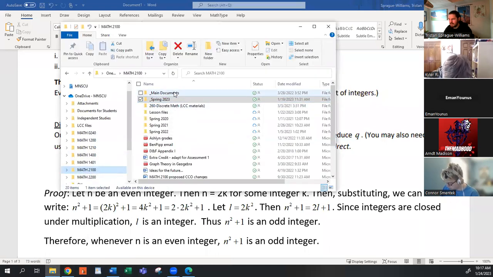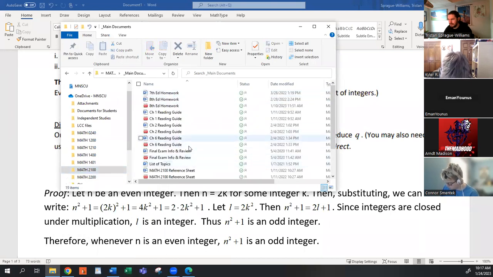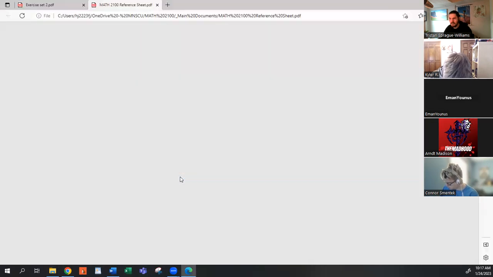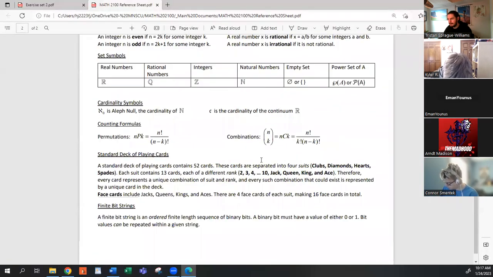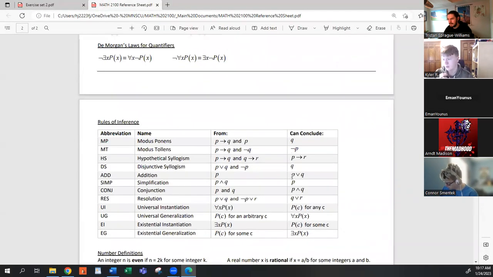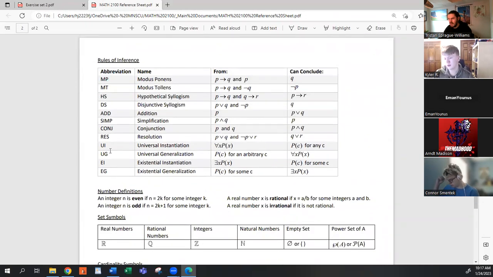Hang on, let me just pull it up. Yeah. Universal generalization, UG, down here. So it says, if you can say something about c for an arbitrary c, which c represents like constant, right? It's sort of like a particular element from the domain you're working in.